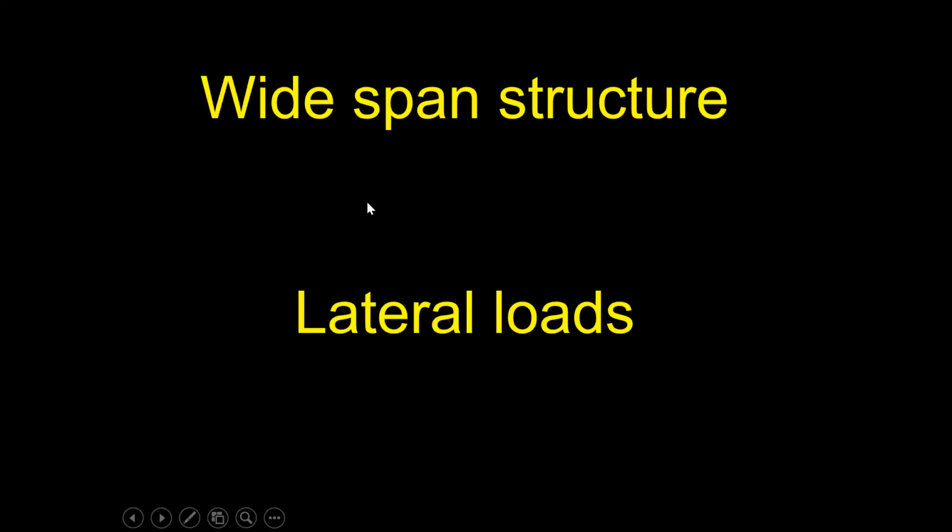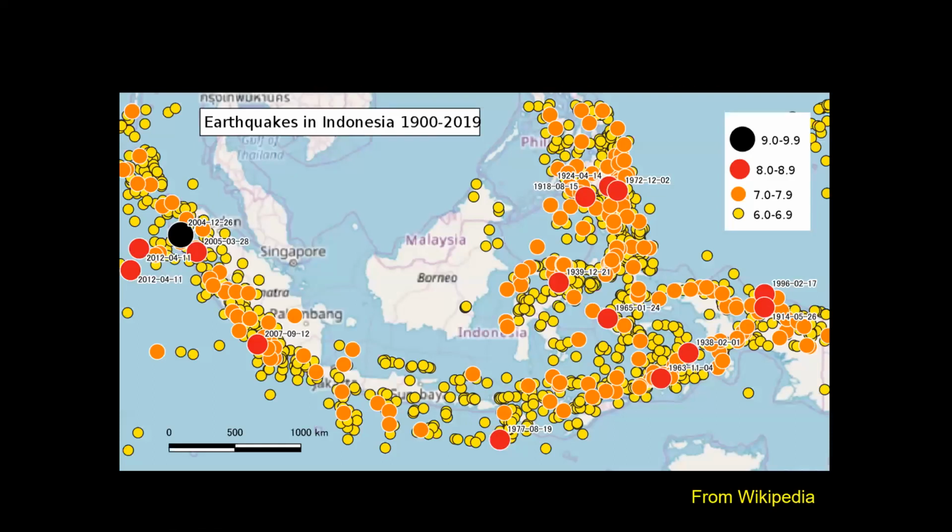Good, okay. So I've already talked about gravity loads, the structure you need for gravity loads. Now I'm going to talk about the structure you need for lateral loads, earthquake and wind loads. And just like I showed you in an earlier lecture, I want to remind you that earthquake loads are very, very important in your country, just as they are in my own country.